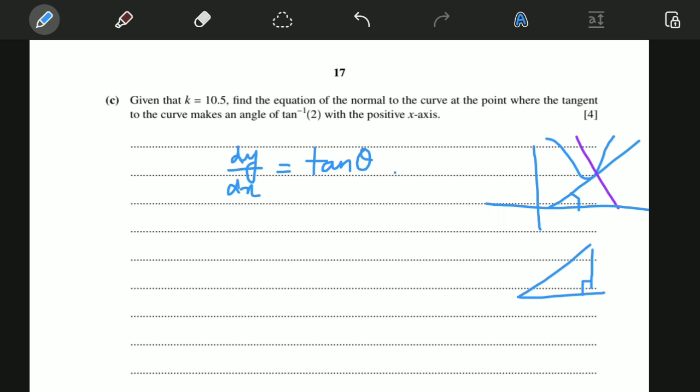If you take any triangle, perpendicular over base, or you call it opposite over adjacent, this equals tan theta.